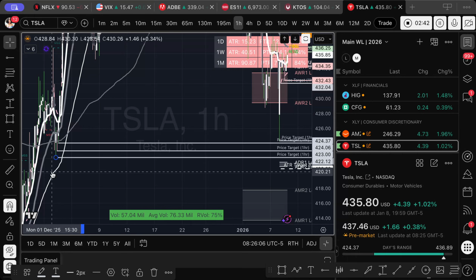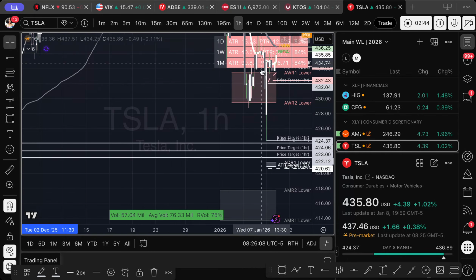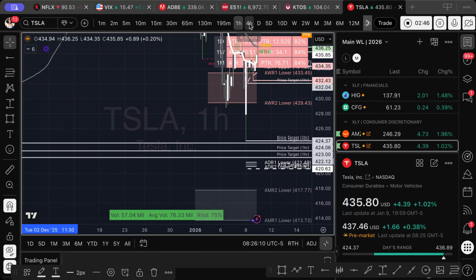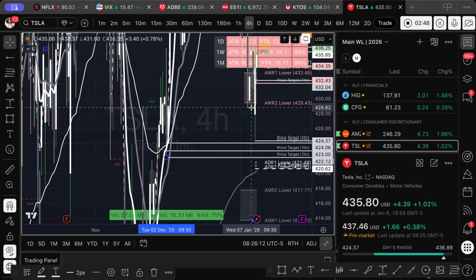Feel like that is it, and it is. All right, so now that we have that, let's also go and pull out our price targets for the upside.